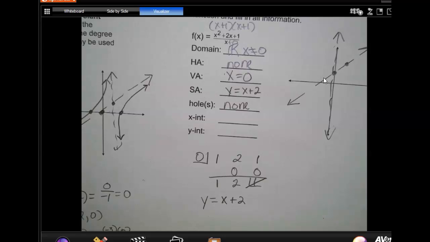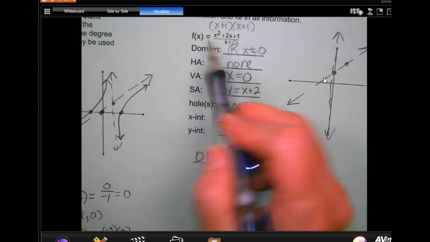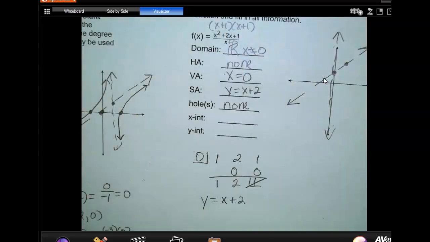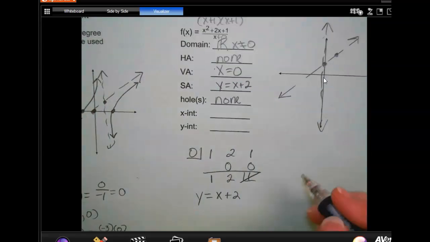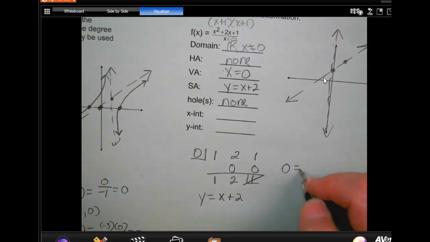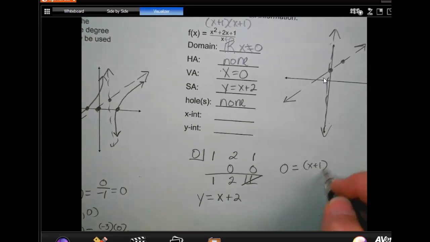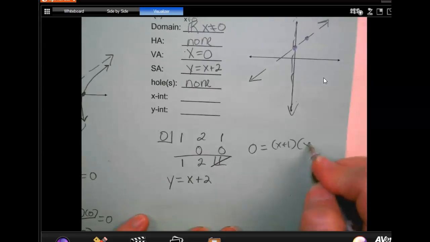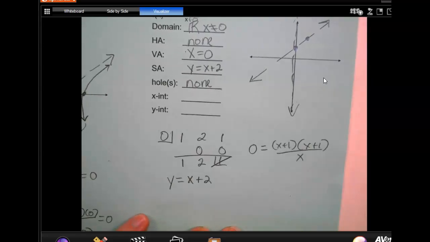Okay, how do I get the x-intercept? I'm going to set this equal to 0. Is that what somebody said? Yes? So if I set it equal to 0, I'm going to get x plus 1 times x plus 1 over x.